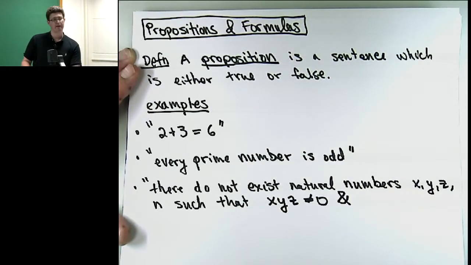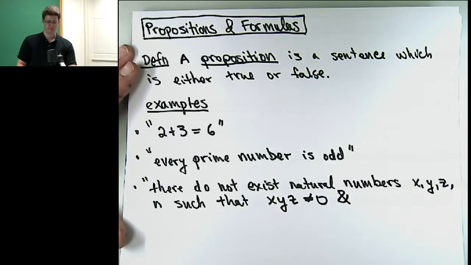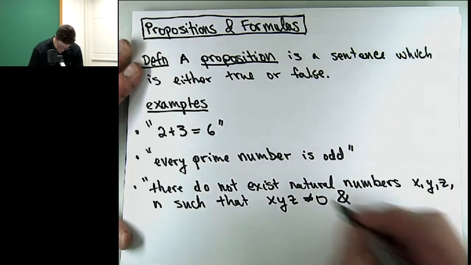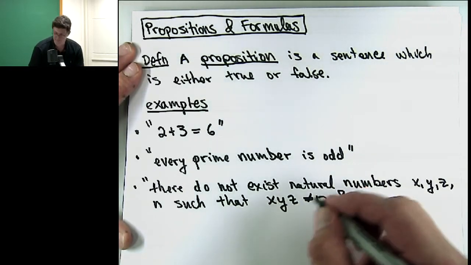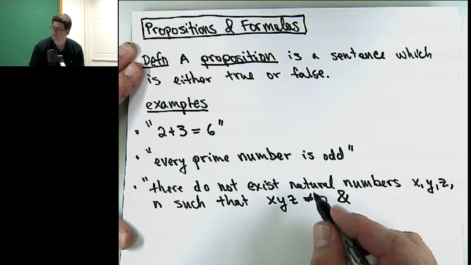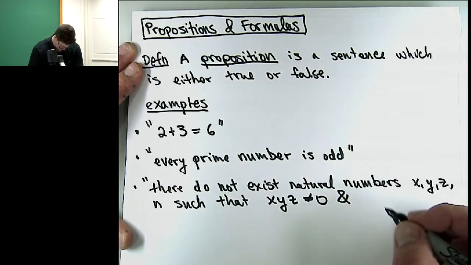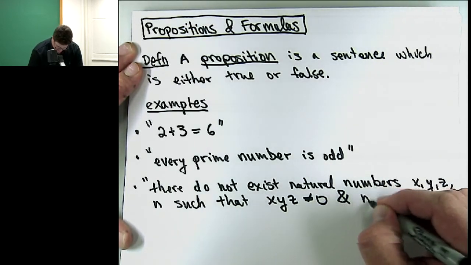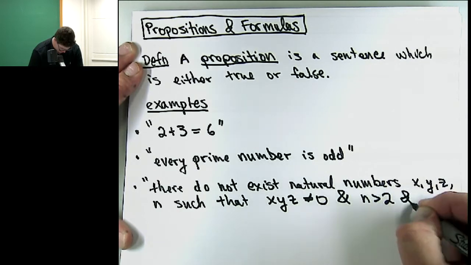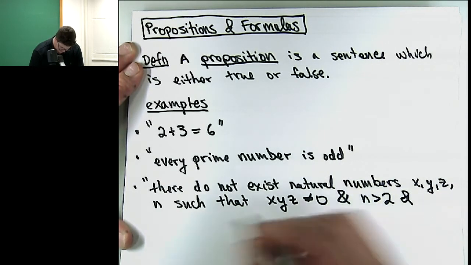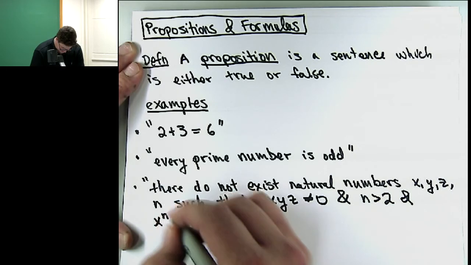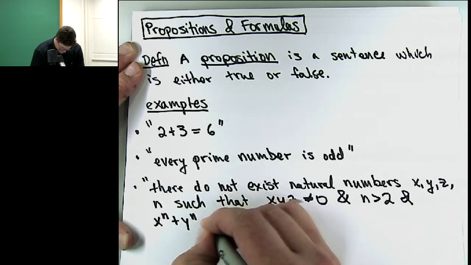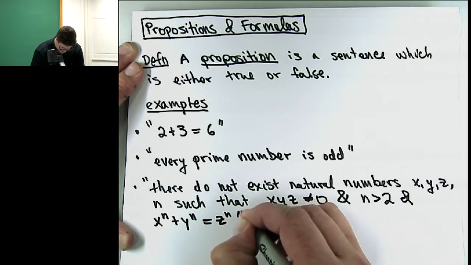You can write A-N-D if you want. This is a not-equal sign, an equal sign with a line through it. n is bigger than 2, and x to the n plus y to the n is equal to z to the n.